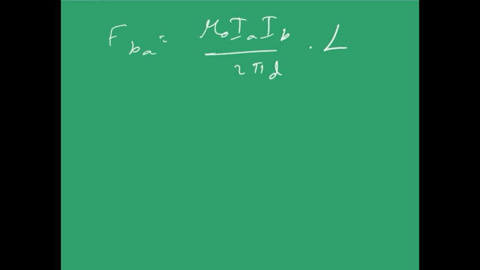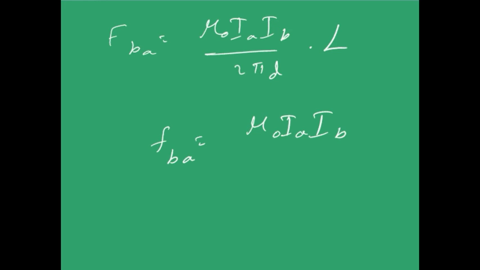Now, instead of that, I'll write the force per unit length. So the force on B due to A is mu naught IA IB by 2 pi d into L, so the force per unit length will be mu naught IA IB by 2 pi d, just removing that term.